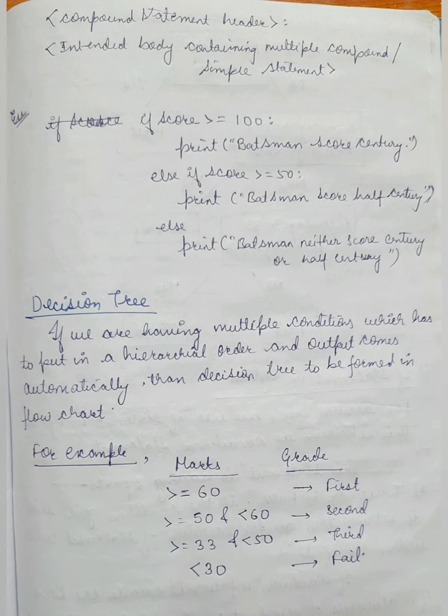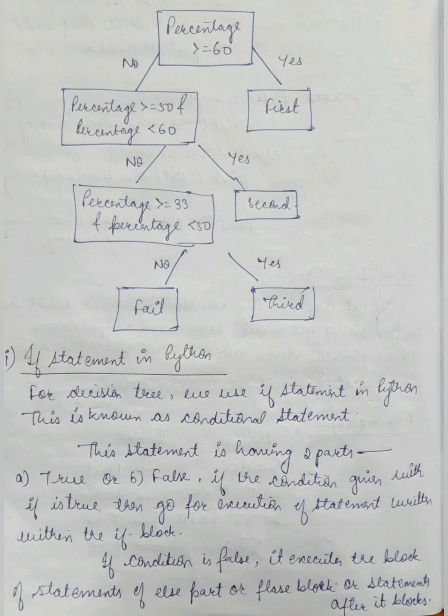This is not actually a flowchart, this is a decision tree. So percentage greater than or equal to 60, if this condition gets satisfied, then it will print first. If this is not satisfied, then percentage greater than or equal to 50 and percentage less than 60 will be the condition, and if this condition gets satisfied, then it will print second.